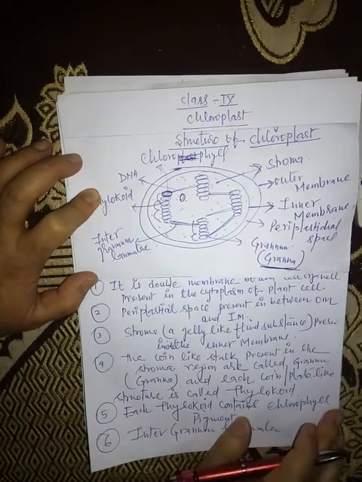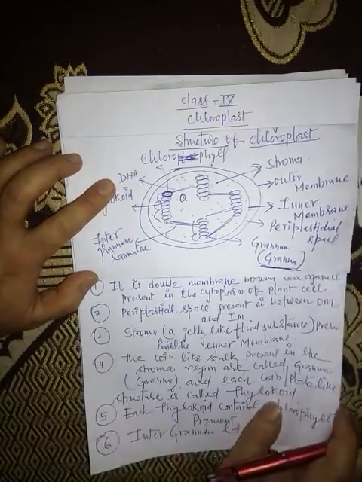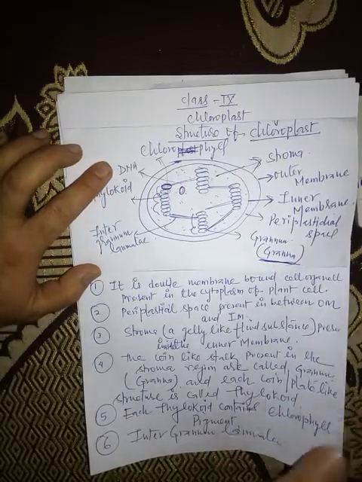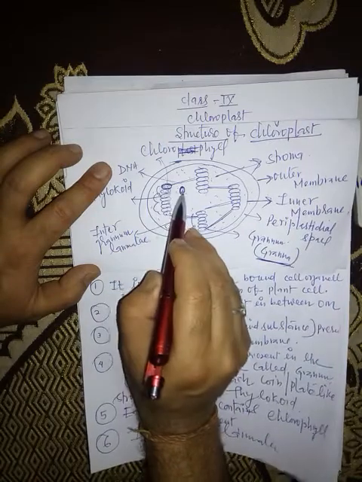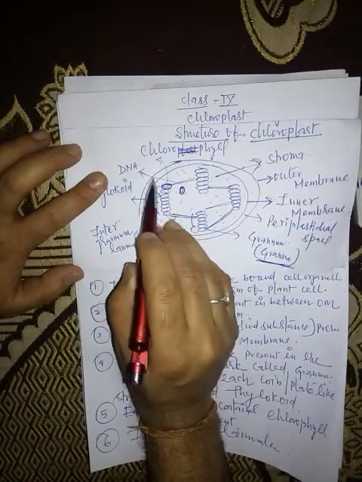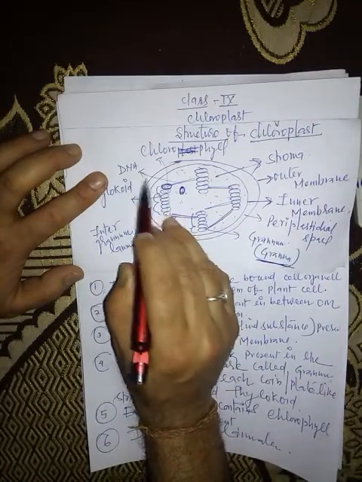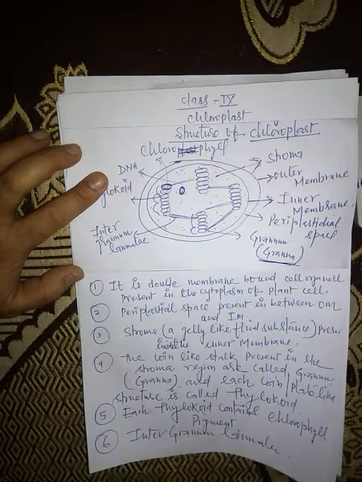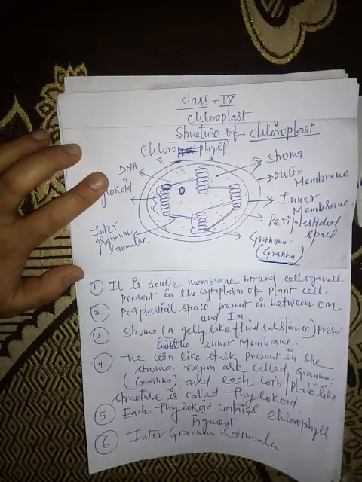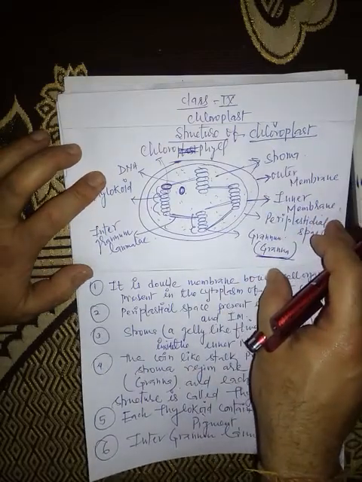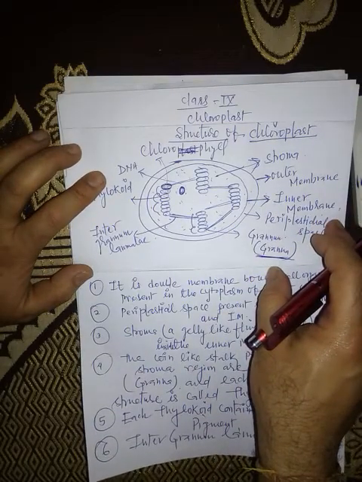Okay, but inside of the stroma, you have watched, there is one circular DNA also present. This circular DNA inside of this chloroplast helps in the replication of chloroplast.